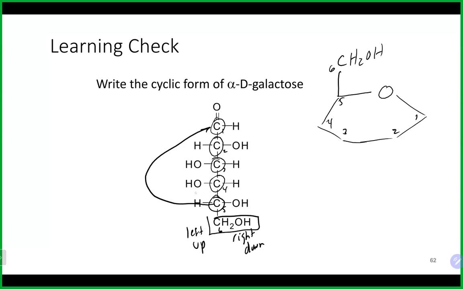My OH group is to the left, which means it should end up up. Carbon number 3 next. OH group is to the left, which means it should end up up. And carbon number 2, OH group there is going to go down. And the last OH group is going to be based on what they asked us, which in this case is alpha, and that should go up or down. Should go down, yeah. So we'll get a little bit of action like that.